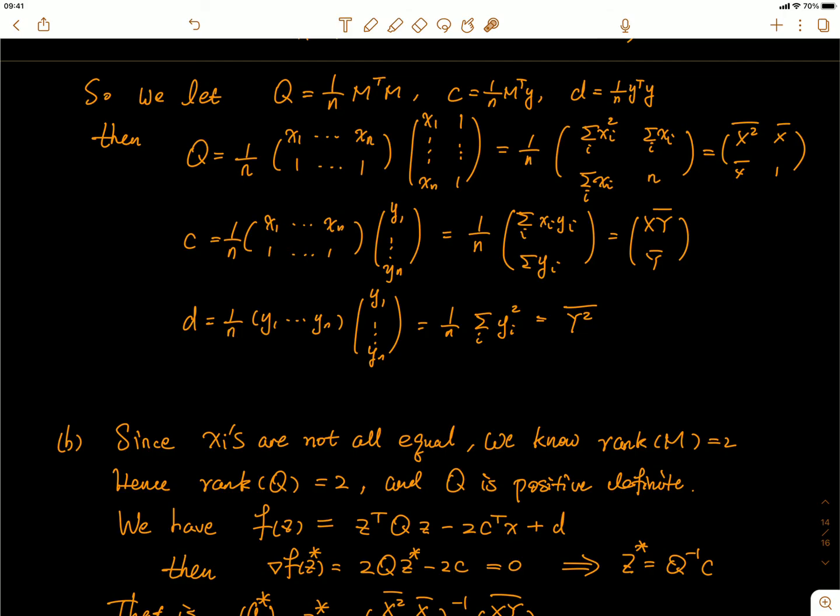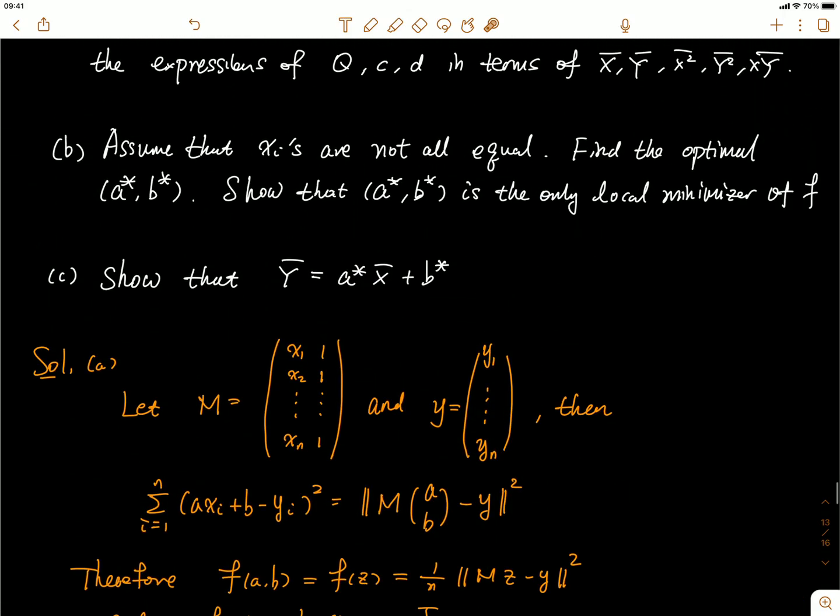The second question is to show that, assuming the xi's are not all equal, we want to find the optimal point and show that it's the only possible local minimizer. Remember, why do the xi's need to be not all equal?